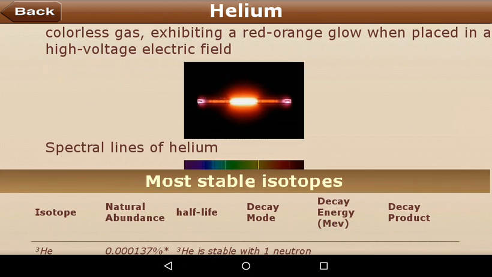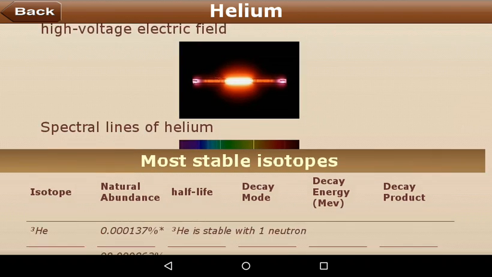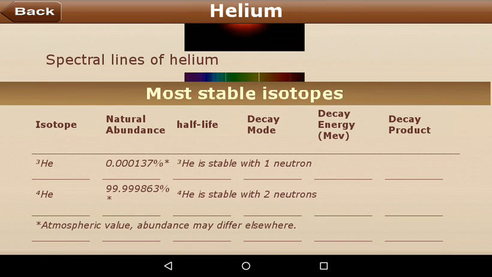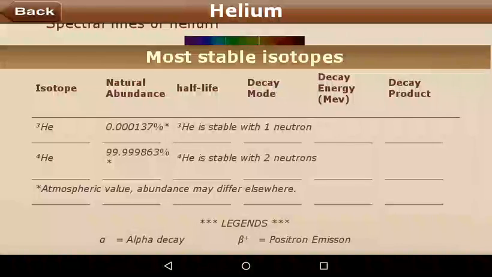The spectral line is this, and it shows the most stable isotopes. Helium has 2 stable isotopes compared to hydrogen that has 3.